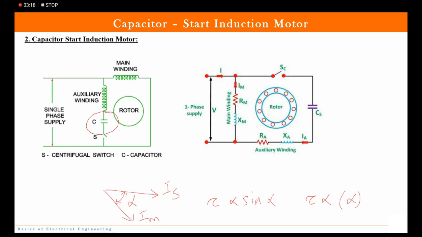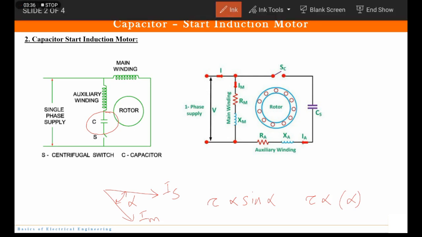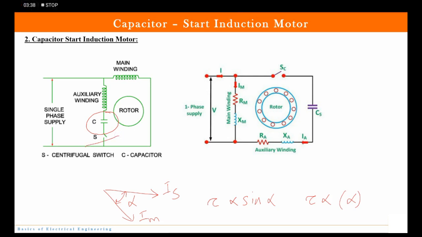Remember that concept? Yes. And generally the capacitor is mounted on the top of the motor frame, and usually an electrolytic capacitor is used. And here also we have centrifugal switch, so that when motor reaches 75 to 80% of its maximum speed, automatically this centrifugal switch cuts off the starting winding.